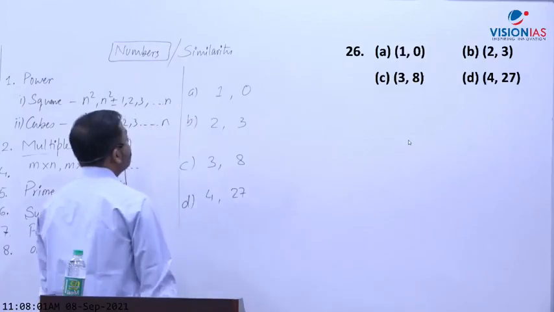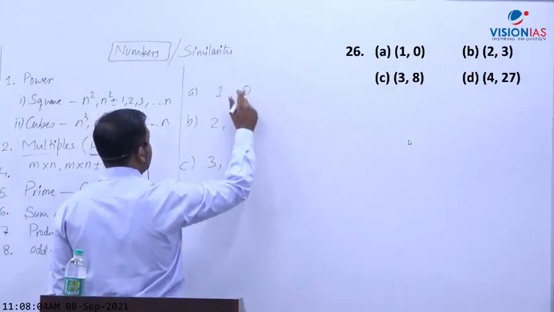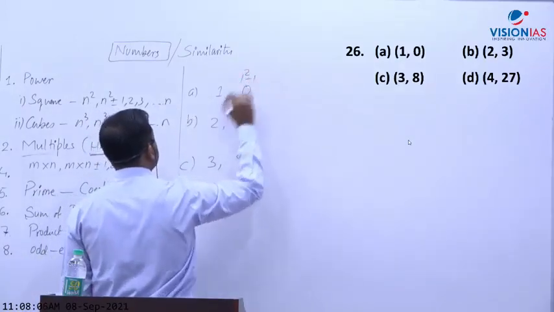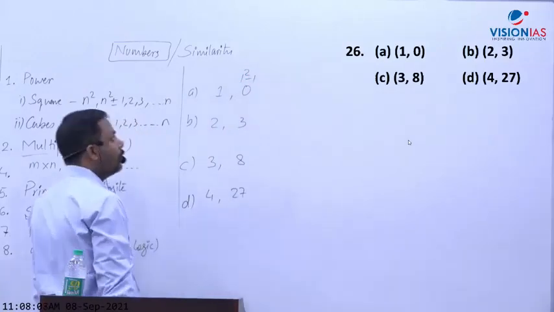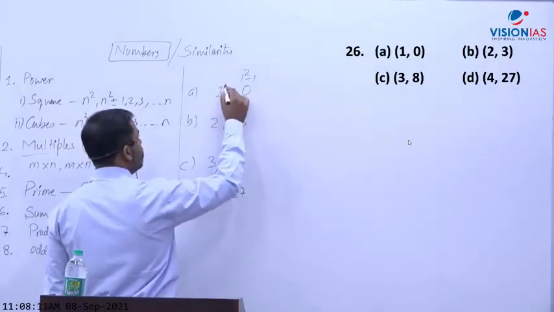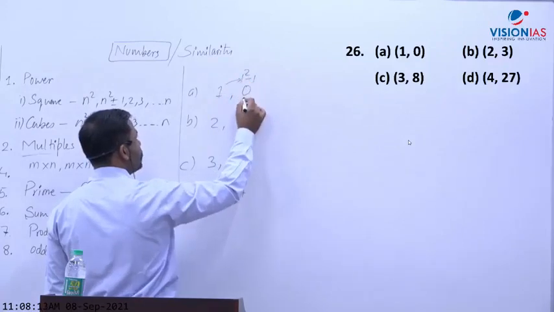See, the second number is the square of the first number minus 1. So the first number is 1. So this number is 1 square minus 1, which is 0.